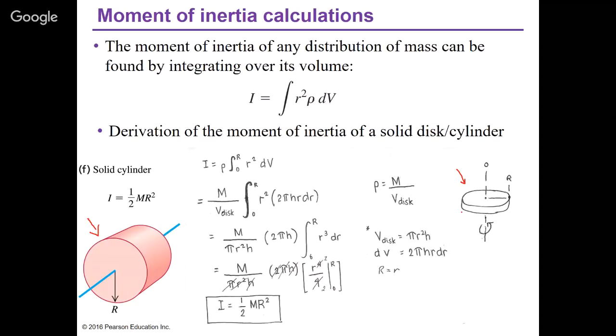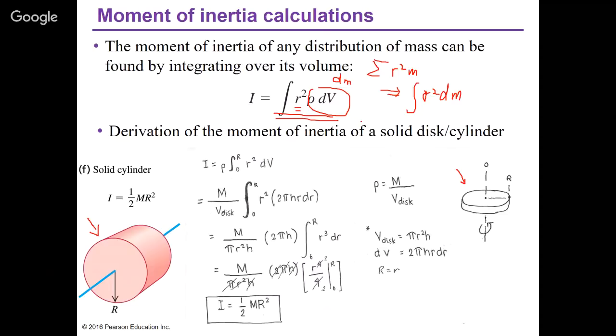It can be found by integrating. Here r squared is the distance, and rho dV is a small mass. When you have the sum over r squared m, we turn that into an integral, r squared dm, where dm is the density rho times dV.